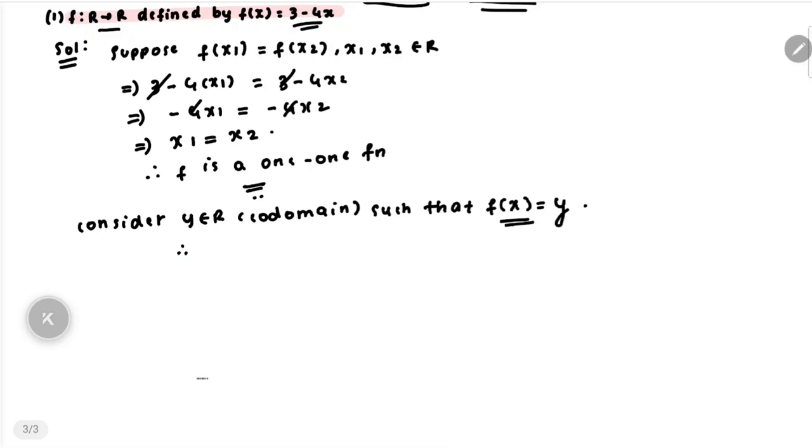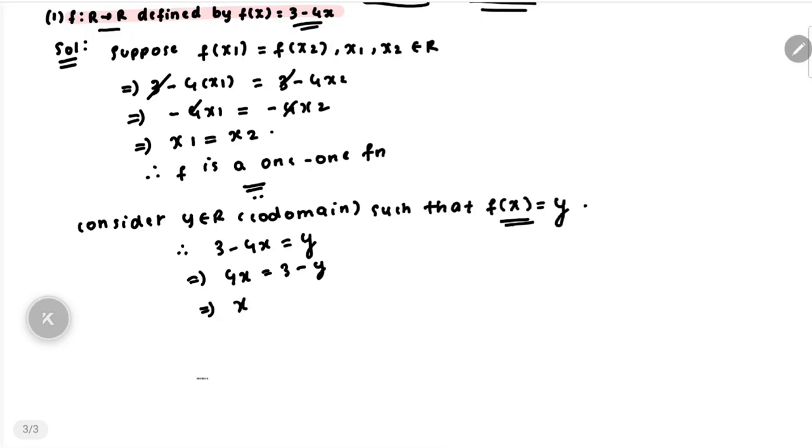So what is f of x? f of x is equal to 3 minus 4x. 3 minus 4x is equal to y as it is. So you have to interchange here. Take 4x here, so 4x becomes plus, is equal to 3 minus y. 4x goes here and y comes here, so it's like 3 minus y. This step is very important.